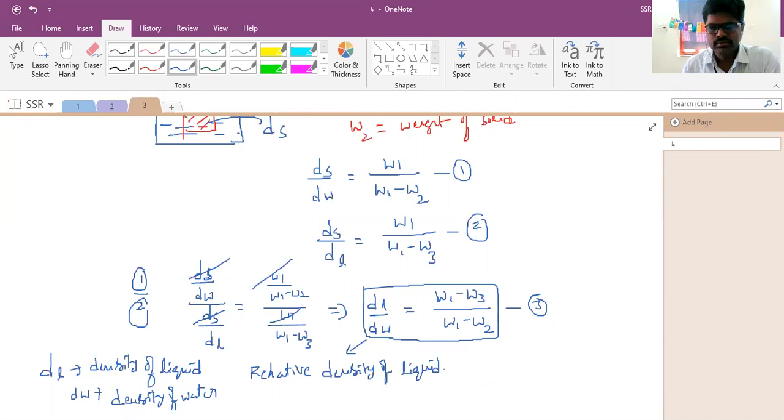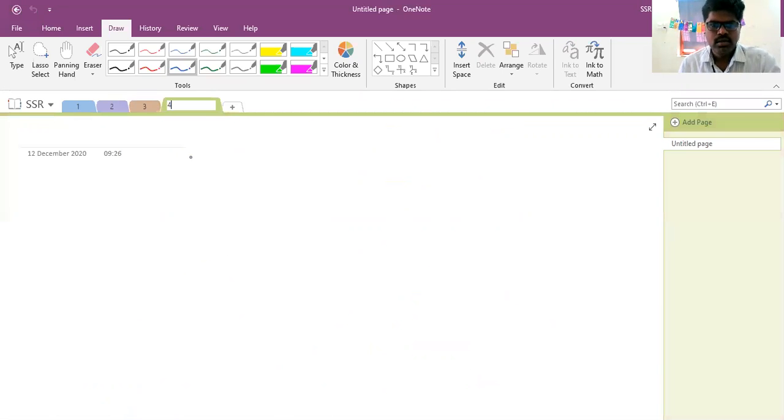Right. We'll go for the third application: volume of cavity in a given solid body. Cavity means holes inside, empty space.